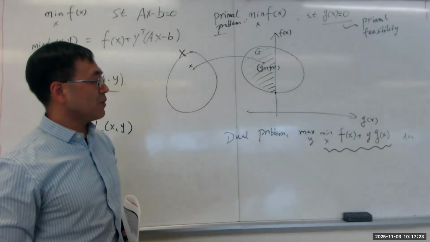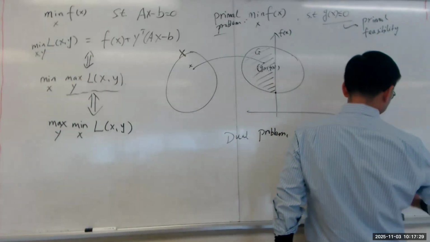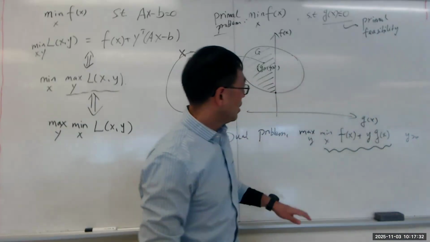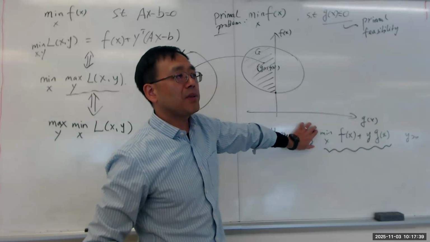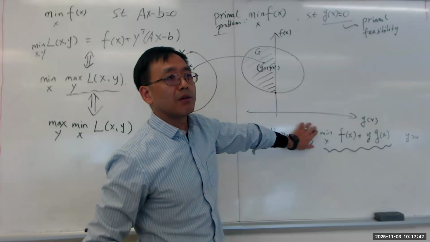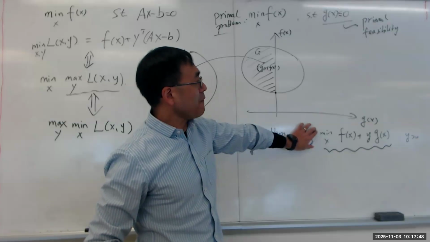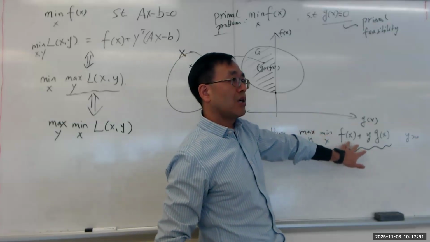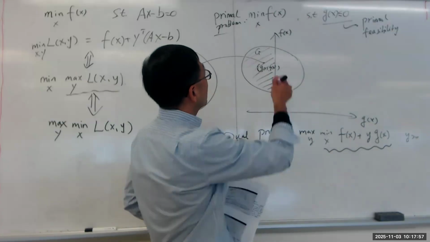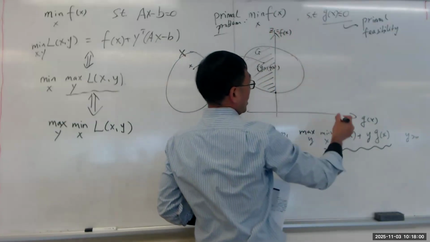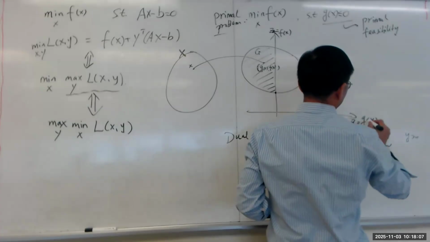For this minimization problem, what should be the minimum value? f(x) is basically our second dimension, so let's call it z2, and g(x) is z1.